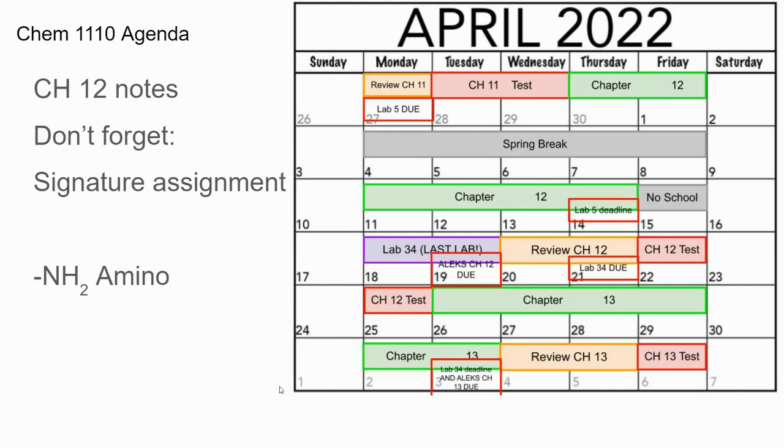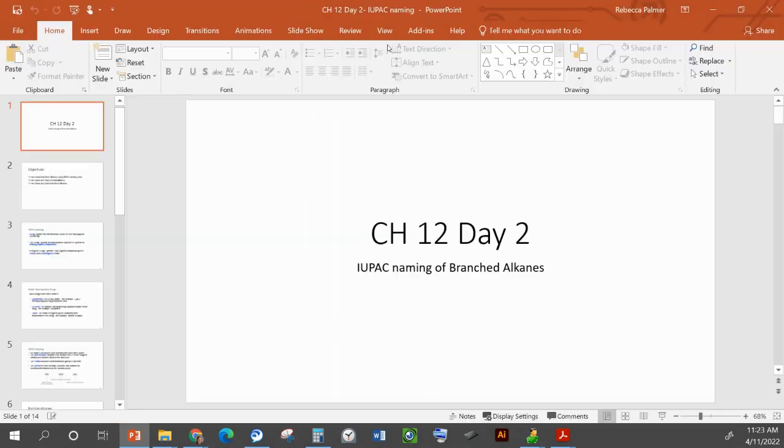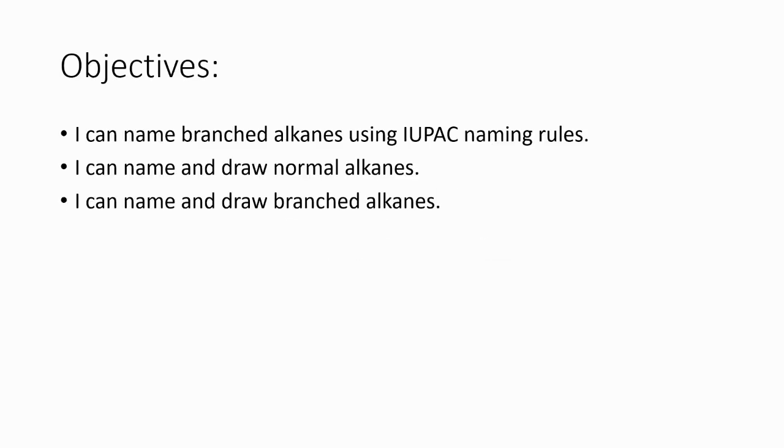I think they're over here actually. All right, so this is a little bit tricky. We're going to use IUPAC naming. And what we learned, we're going to build off what we learned last time.